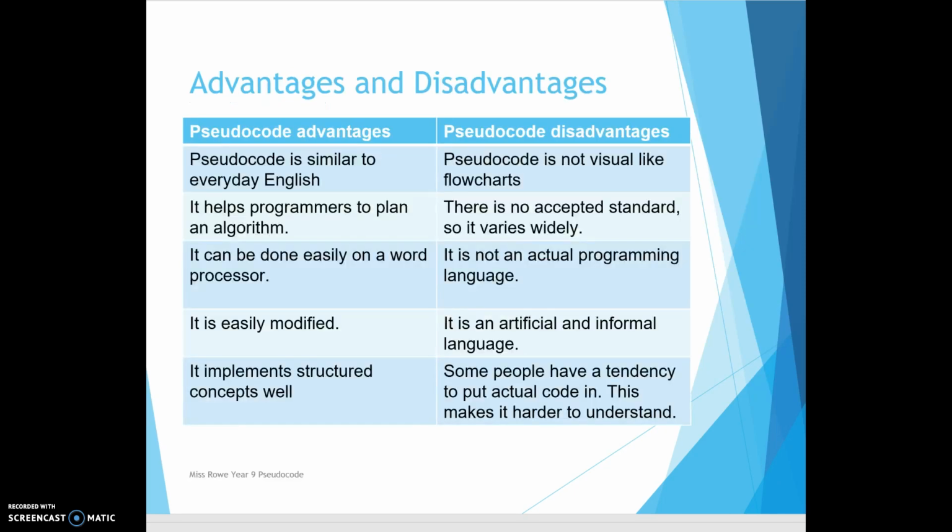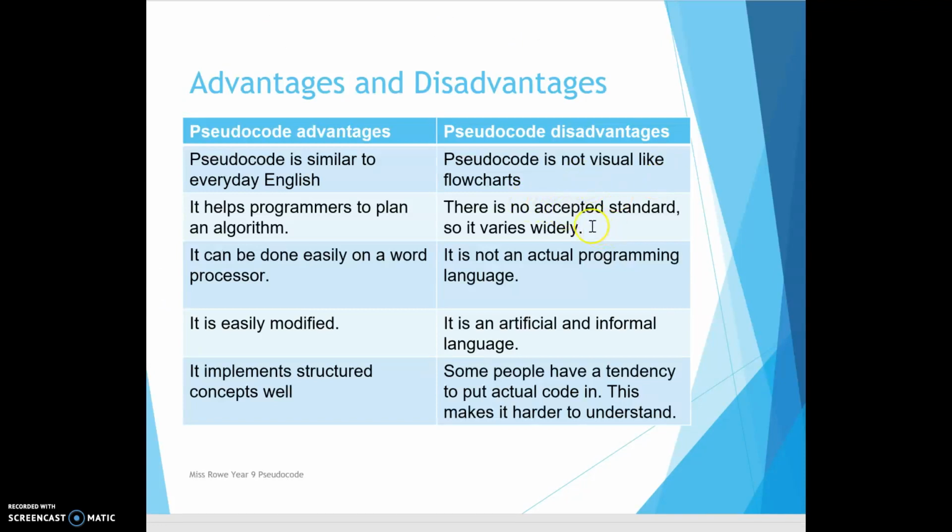Okay, so advantages and disadvantages. Pseudocode advantages: pseudocode is similar to everyday English. It helps programmers to plan an algorithm. It can be done easily on a word processor. It is easily modified. It implements structured concepts well. Pseudocode disadvantages: it is not visual like flowcharts, which we've seen.